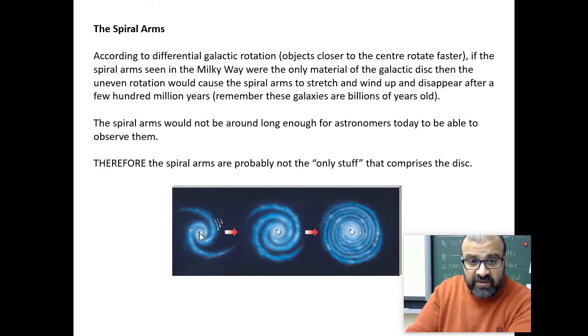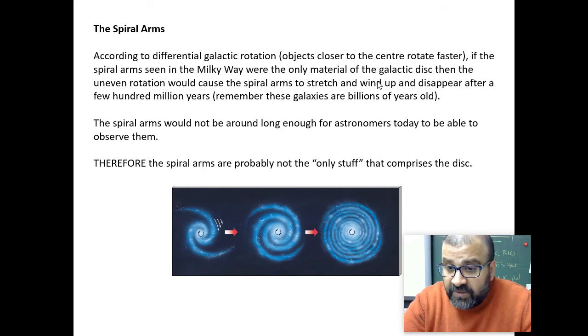If we look here, the arm close versus the arm far away, the stars in the center would be spinning around much quicker and quicker, and these ones would be spinning around slower and slower. It's called wind up. The uneven rotation would cause the spiral arms to stretch and wind up around the center and eventually disappear over a few hundred million years.